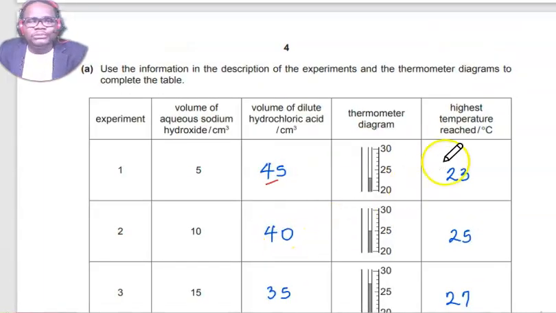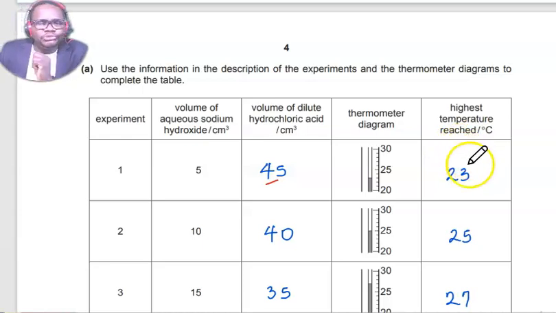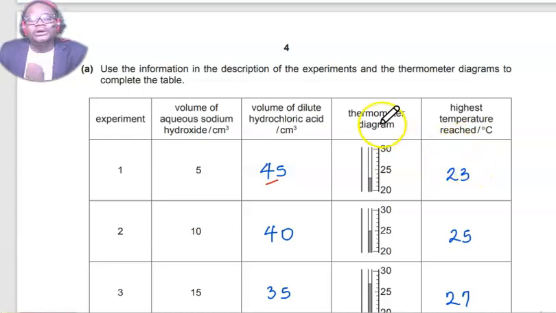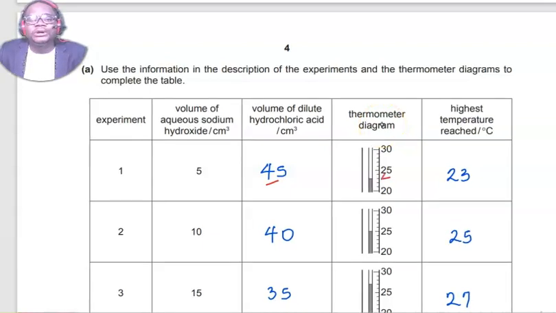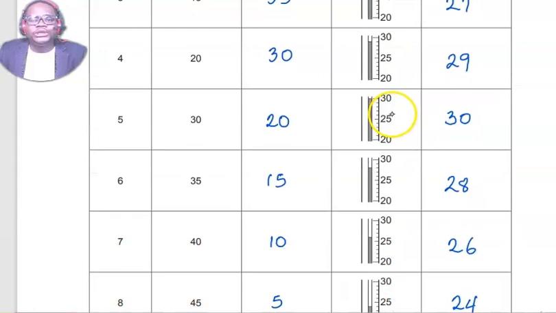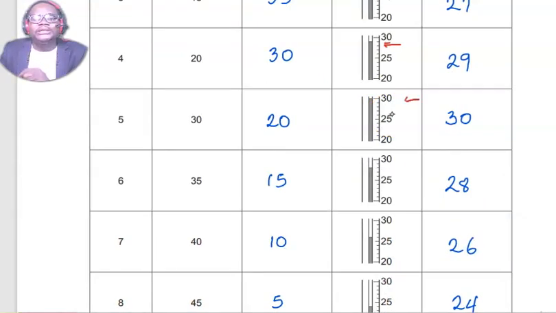Then the next thing is to measure the highest temperature reached by the thermometer. Of course, read your thermometer here. This is 23. This is 25. If you read out, this is 27. Okay, then you take your reading. You follow the same procedure. You read this is 29. Then this is 30. Of course, this is 28.